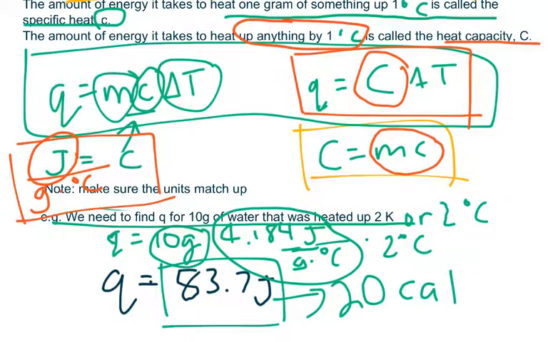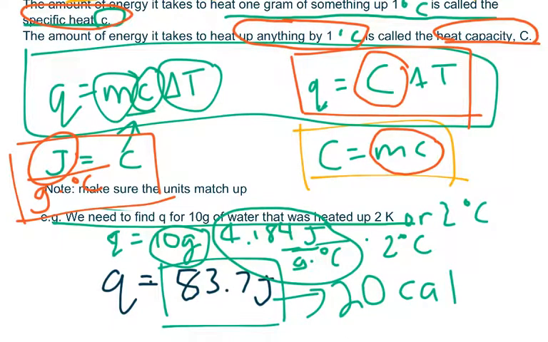Therefore, by simply finding the energy needed to heat up the object by 1 degree Celsius, then we know our heat capacity, capital C, and as a result, we can easily find the heat needed to heat up the object by 2 degrees Celsius, or maybe even 100 degrees Celsius or any other change in temperature. So heat capacity could be useful sometimes, but specific heat is also useful.